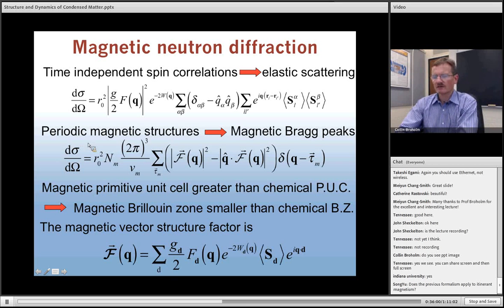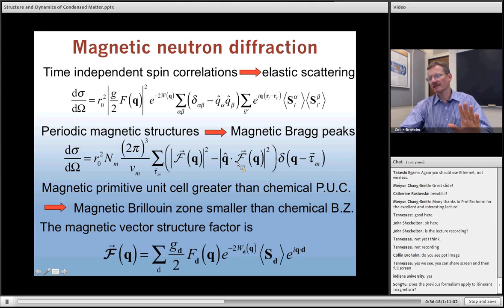Now, of course, my diffraction cross-section is eventually a scalar, so I have to form from this vector a scalar, and the appropriate expression is written here. It implements what I was mentioning previously, that we're only sensitive to spin density which is perpendicular to the wave vector transfer.